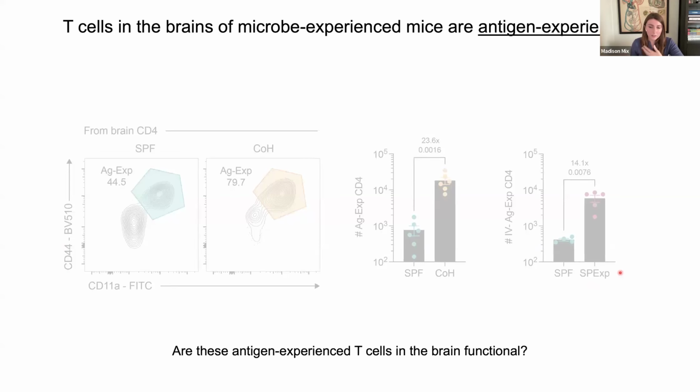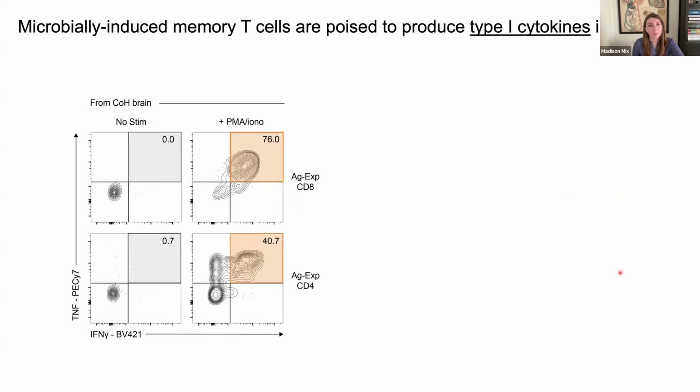So then we know that these cells are there. We then wanted to tackle the question of whether these antigen-experienced T cells are functional, as we know that many memory populations tend to have a more robust ability to produce cytokine following restimulation. And so to do this, we were able to look at our brain tissue and compare a no stimulation condition to a broad PMA ionomycin-based stimulation assay to assess the ability of these cells to produce cytokine.